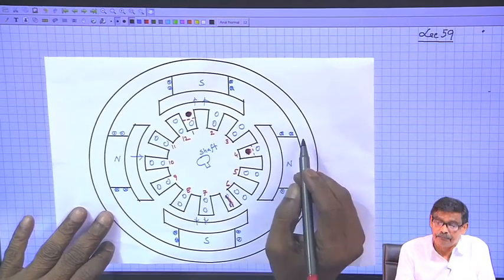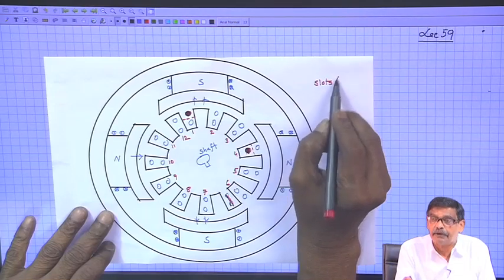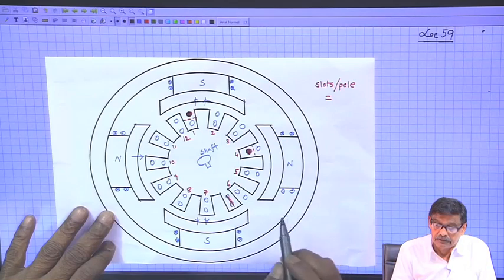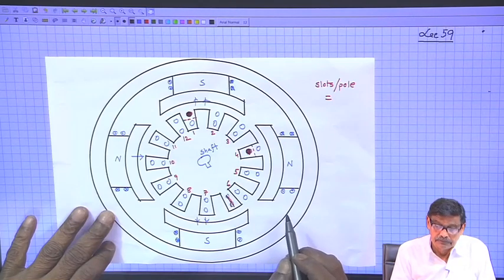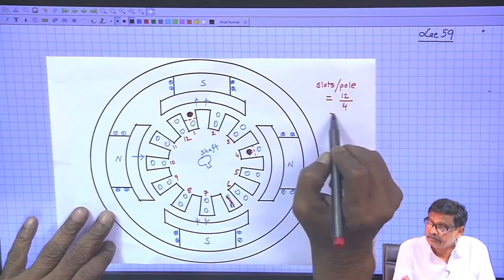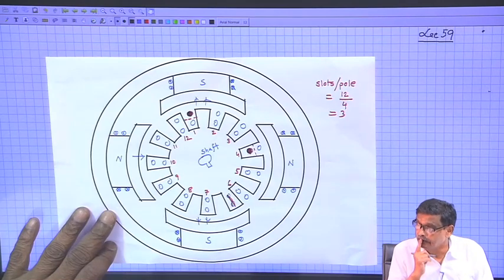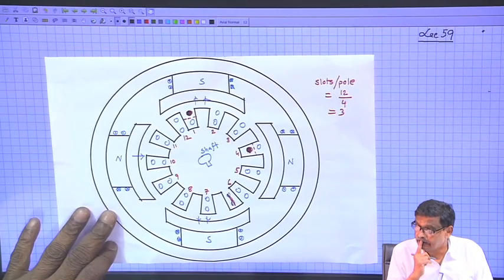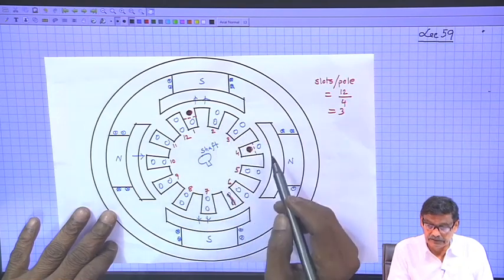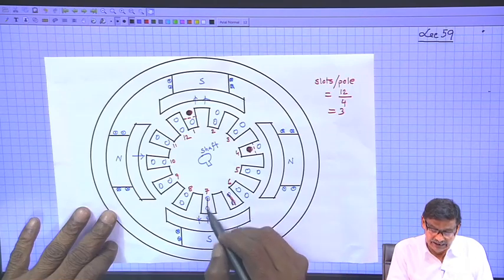Number of slots per pole will be equal to 12 by 4 is equal to 3, something mistake, 1, 2, 3, 4, 5, 6. Oh, here it will be 7.